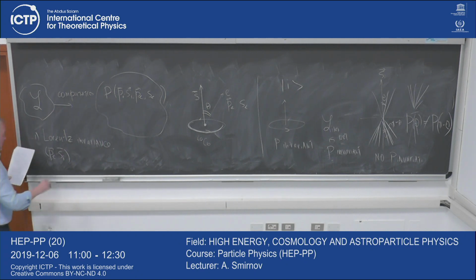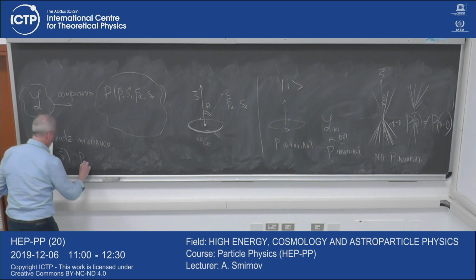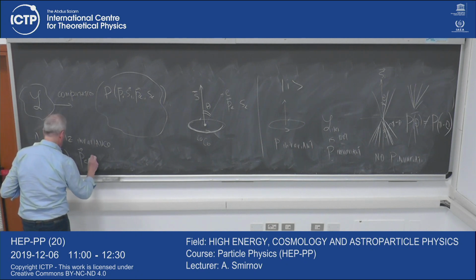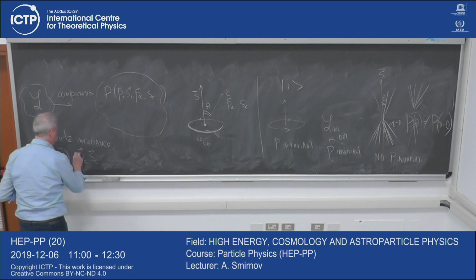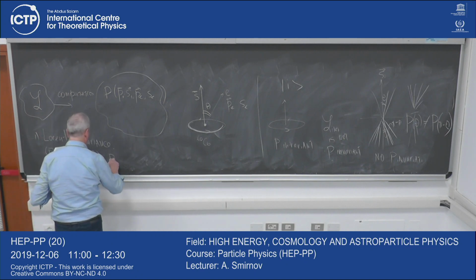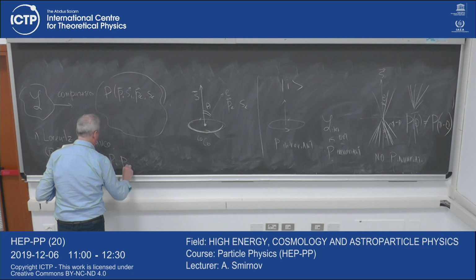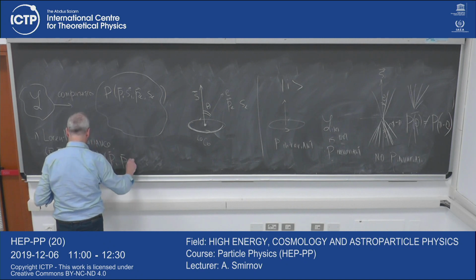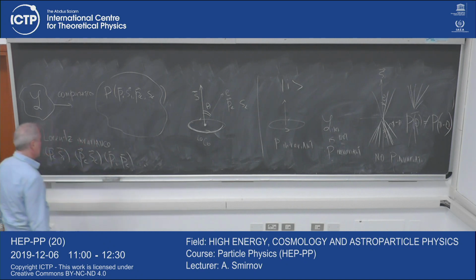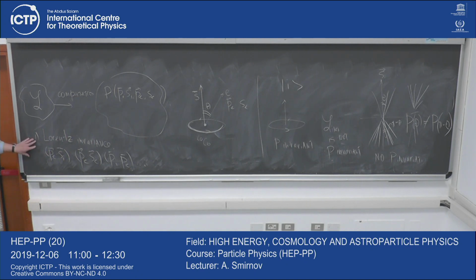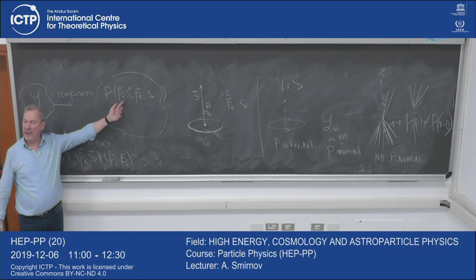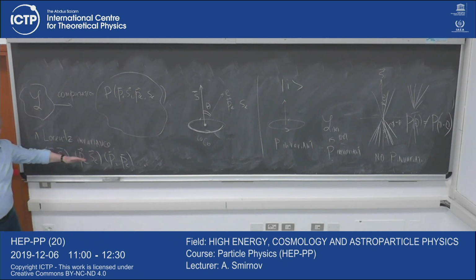It can depend on this combination, it can depend on P and spin of electron. It can depend on P_i and P electron. And maybe you can invent something like this. So the statement is Lorentz invariance tells you that these momenta and spins should enter your probability in these scalar combinations.